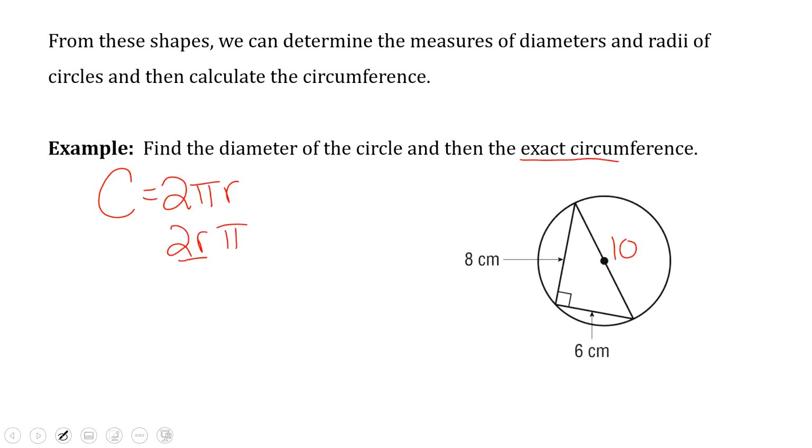So my diameter for the circle is 10. So my exact answer is just 10 pi for the exact circumference of that circle. They're looking for exact, so leave it as 10 pi. Don't multiply it out. On the MCAS test, you will get it wrong. In my test, I'm not going to give you full credit because you didn't give me the exact circumference.